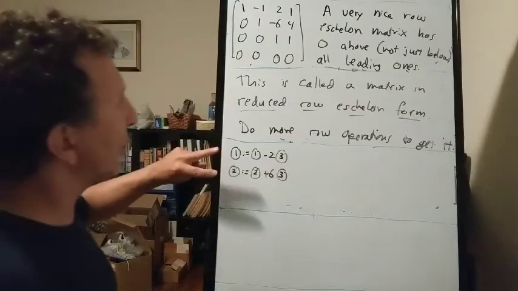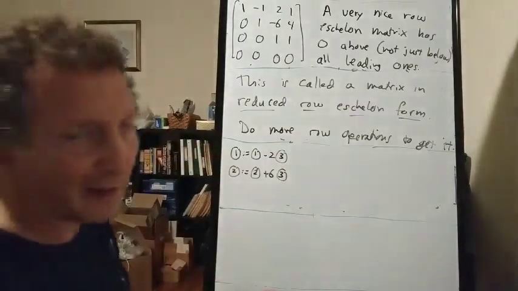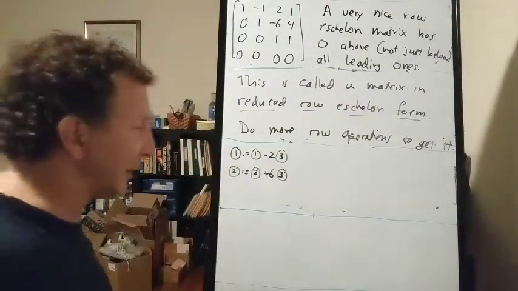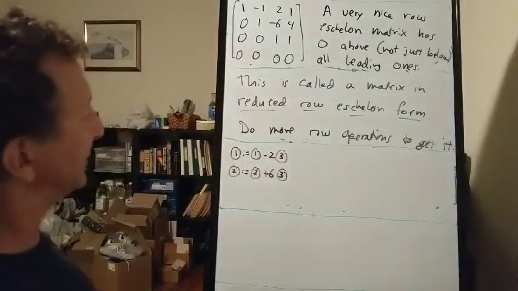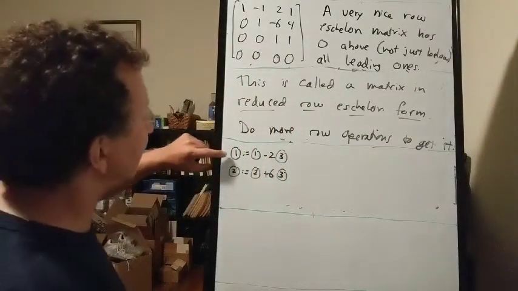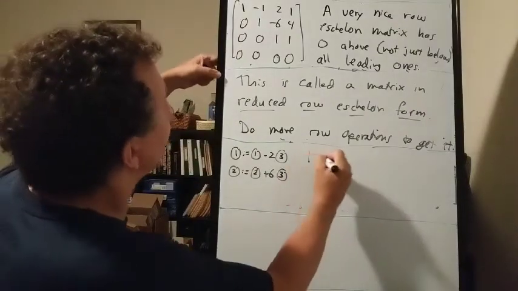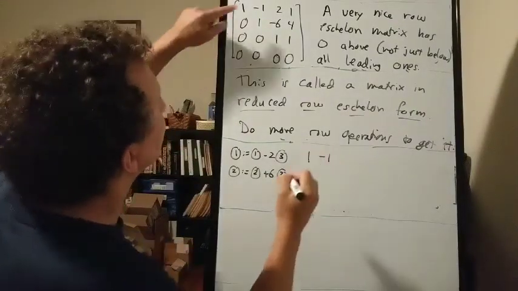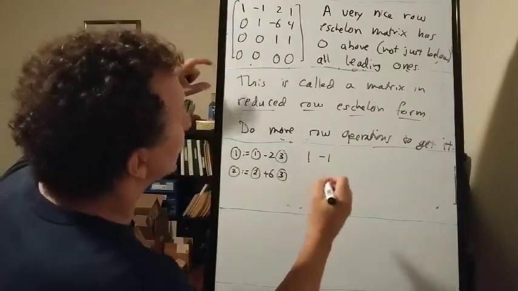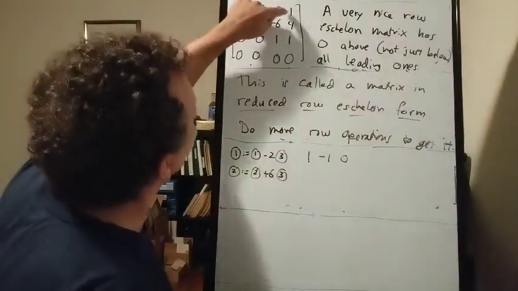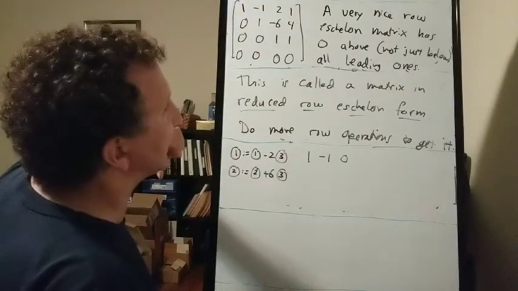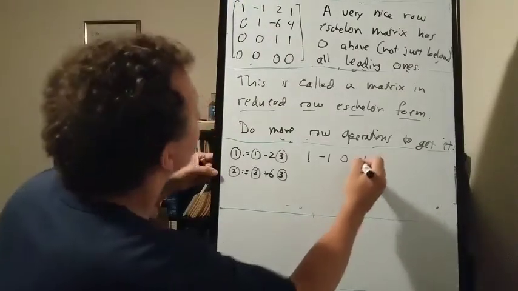Again, I'm going to do 2 row operations at the same time, which is living dangerously because it's easier to make mistakes this way, but I'll try and be careful. So if we take row 1 minus 2 times row 3, we get 1, -1, 2 minus 2 ones is 0, 1 minus 2 ones is 1 minus 2, which is -1.